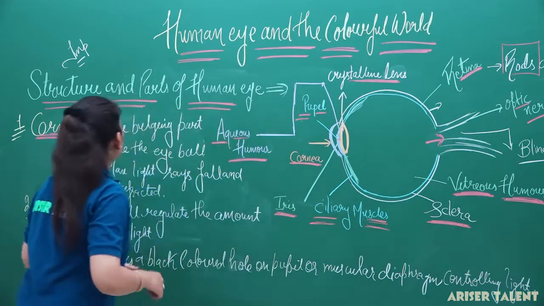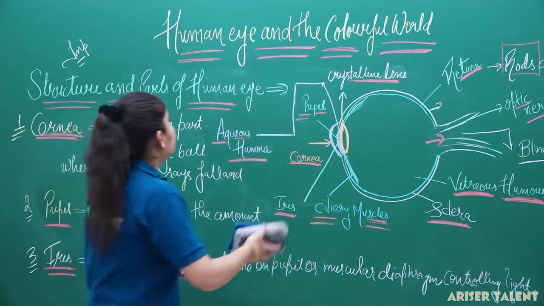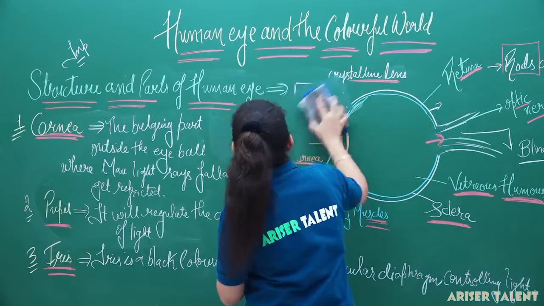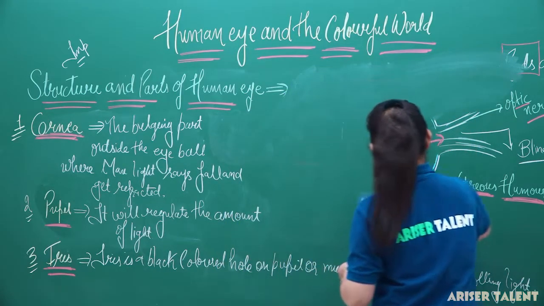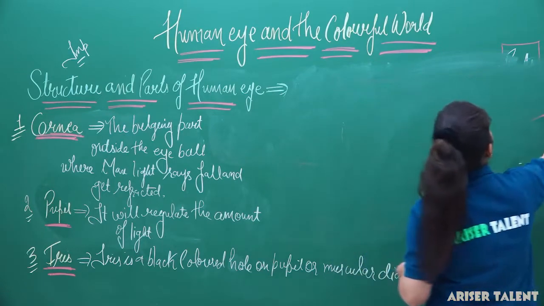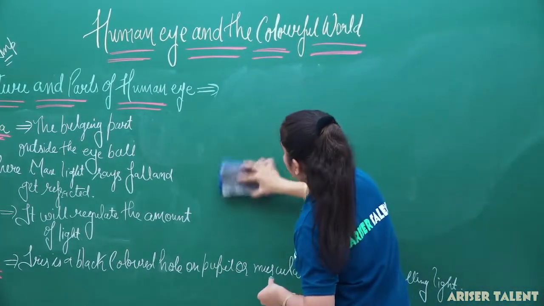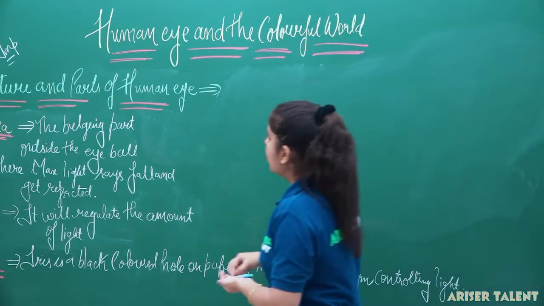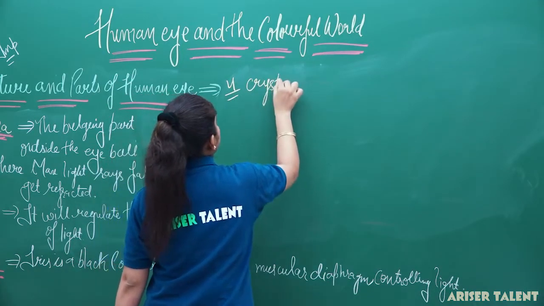Now, the 4th part is the crystalline lens. So our 4th part is all about the crystalline lens.